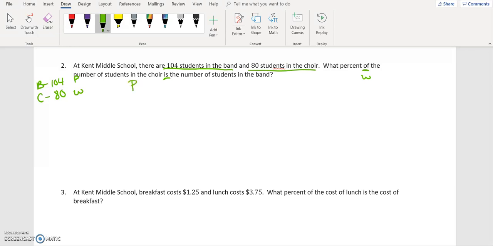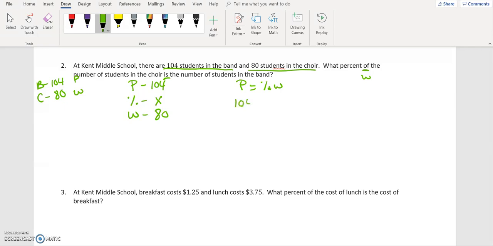So let's write this out. P is our part, percent, and then whole. Part is 104. Percent is what we're looking for, and the whole is going to be 80. Our equation, P is equal to percent times the whole.